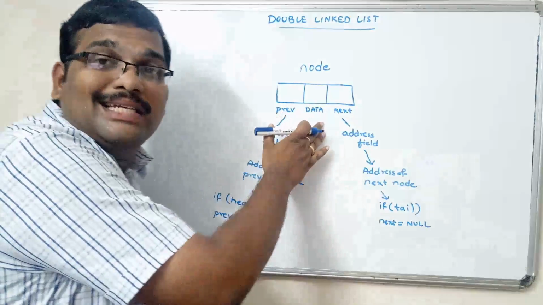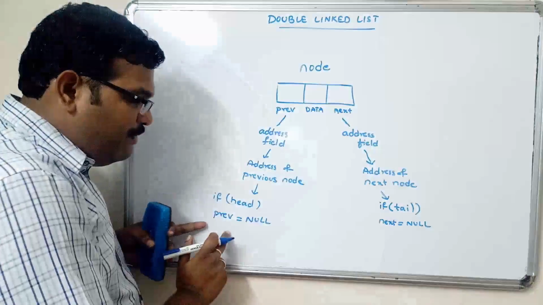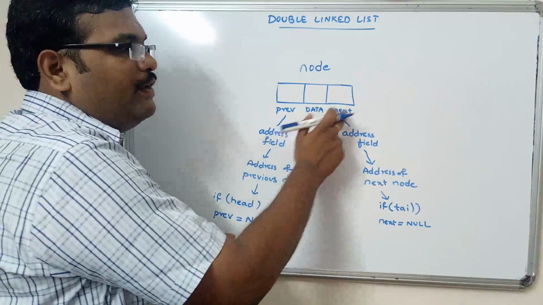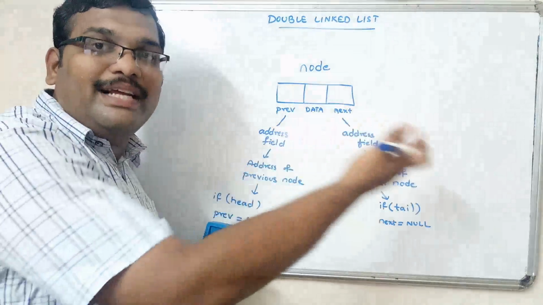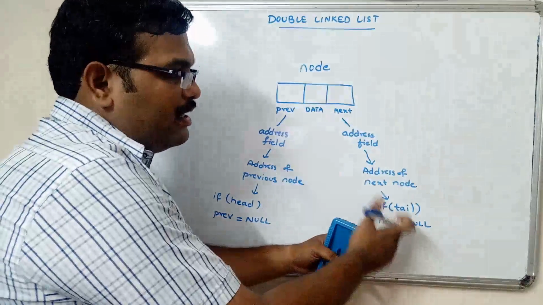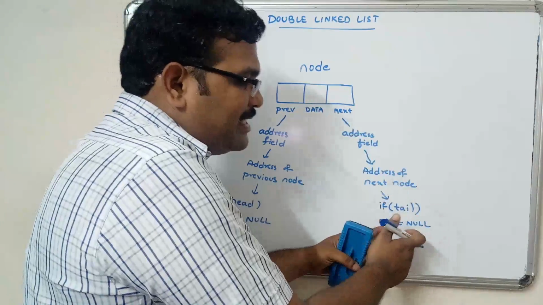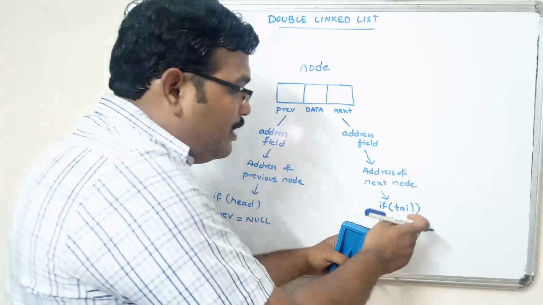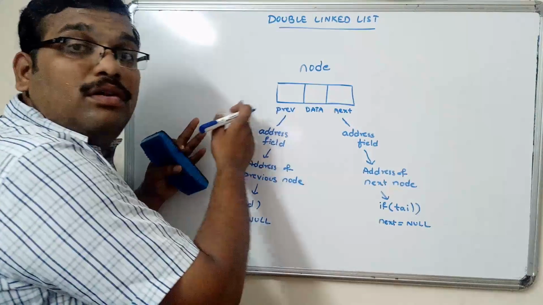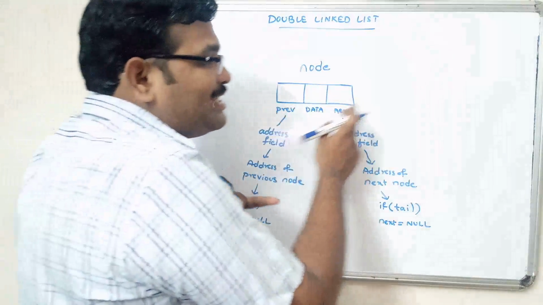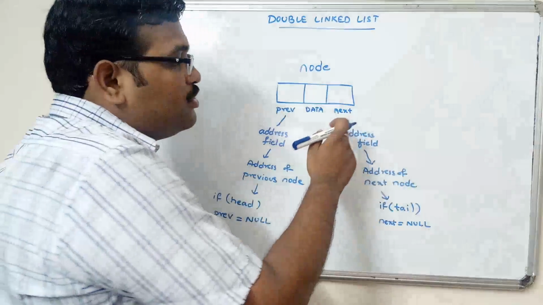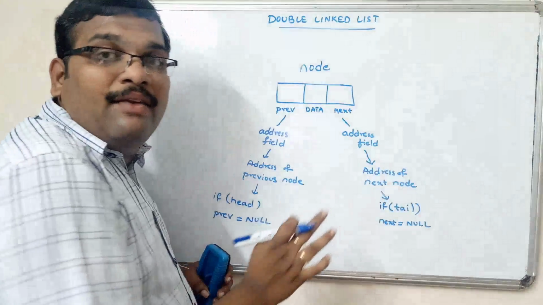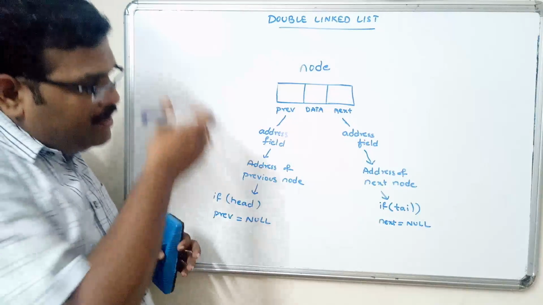If it is only a single node, then the previous field will be null and the next will be holding the address of the next node. If this node is the last node, that is a tail, then previous will hold the address of the previous node and next will hold the null value.